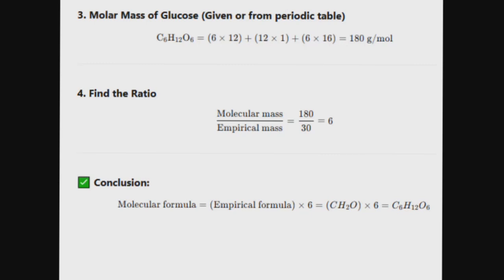The molecular formula is the actual number of atoms that are inside that compound, while the simplest ratio of atoms in that compound is what we call the empirical formula. So if you want to know the exact number of atoms, we use what we call the molecular formula.